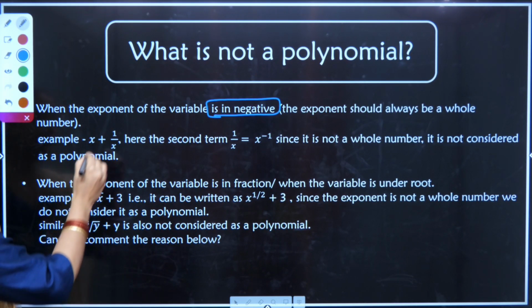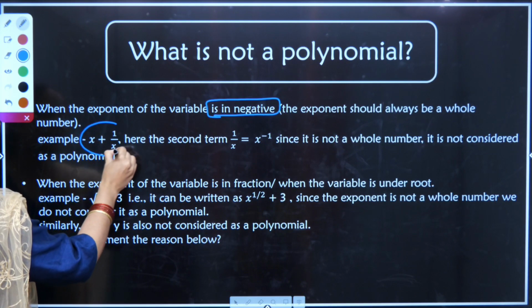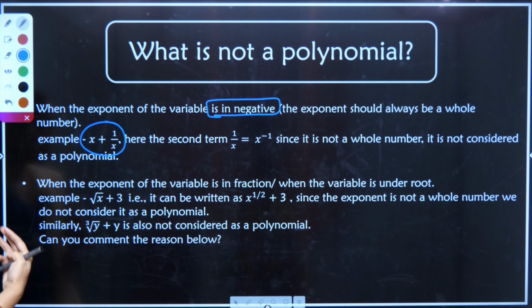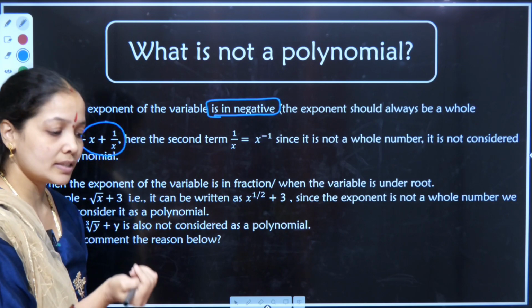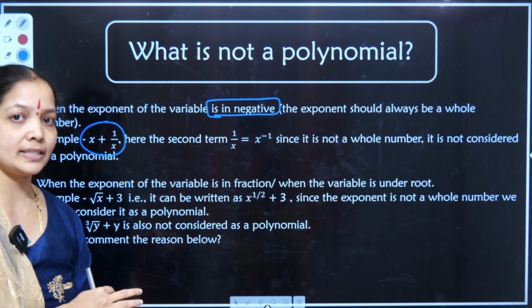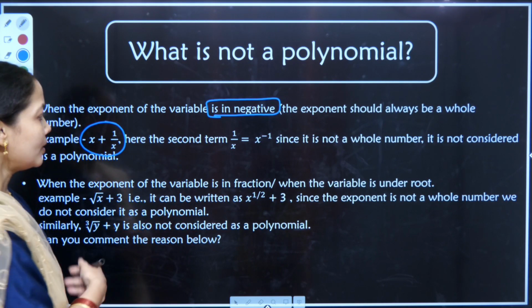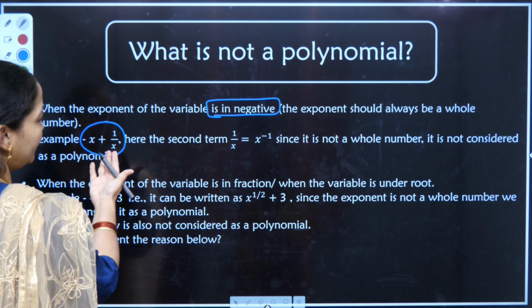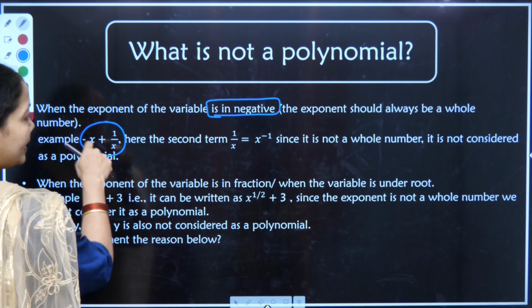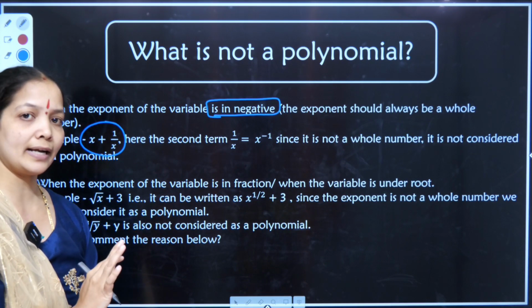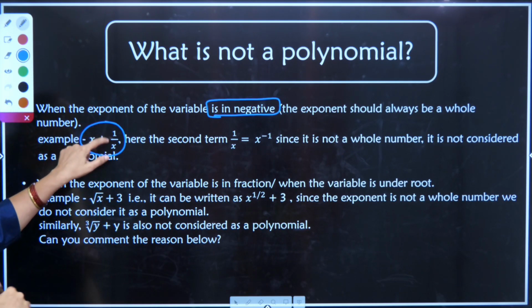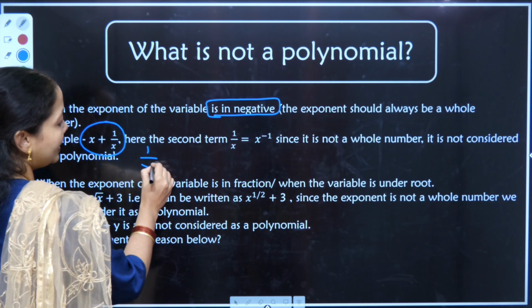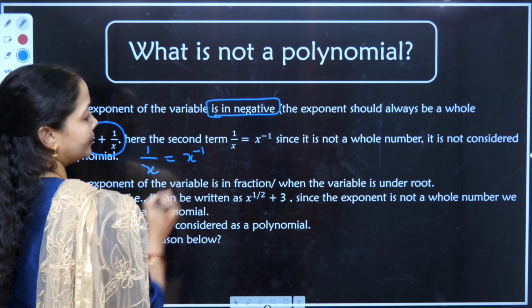See here, we have taken an example, x plus 1 by x. If I just look at the expression, obviously any student who has just come to 9th or 10th standard will feel that this has a variable, 1 is the constant, and addition is there, so it is a polynomial. But if we go to the depth of the concept, 1 by x is normally written as x power negative 1.